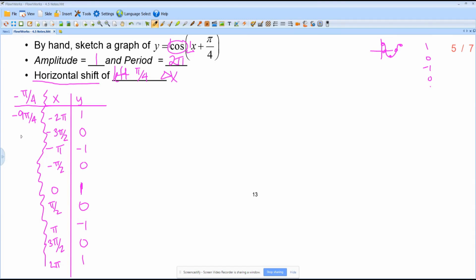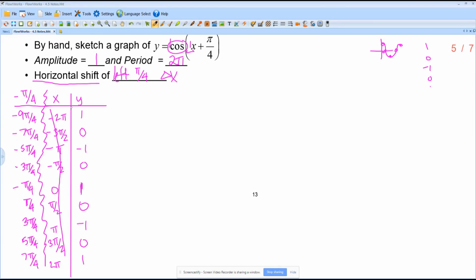This is 6 pi fourths minus 1 will give me -7 pi fourths. This is 4 pi fourths minus 1 will give me -5 pi fourths. This is 2 pi fourths minus 1 will give me -3 pi fourths. And then negative pi fourths. Positive pi fourths, 3 pi fourths, 5 pi fourths, and 7 pi fourths.